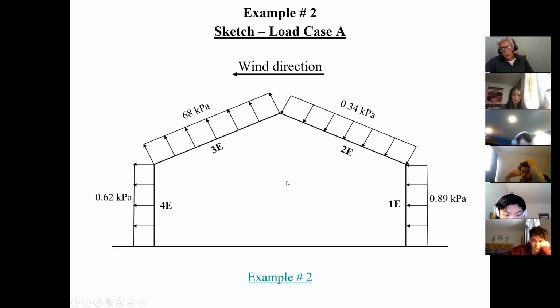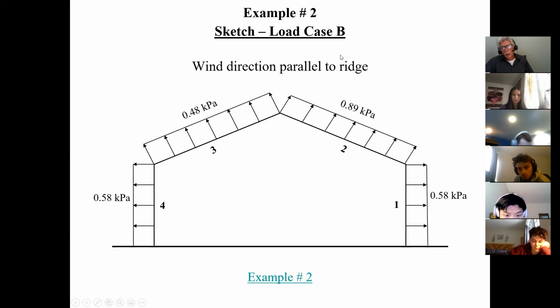Now you've done the ones for load case number A, and you would do the same thing for load case number B. The difference in B is that these are all negative. All the walls that are parallel to the wind direction are all negative, therefore they're all blowing away from the surfaces, and these are the values that you calculated in your table.